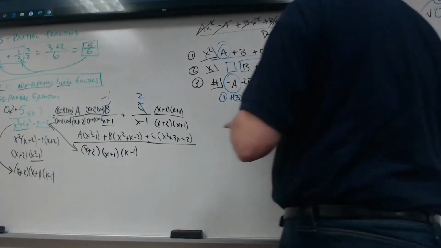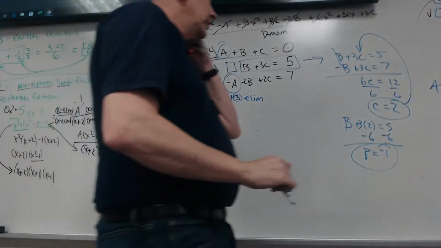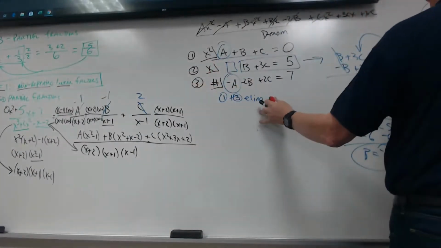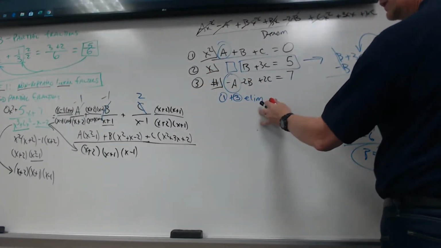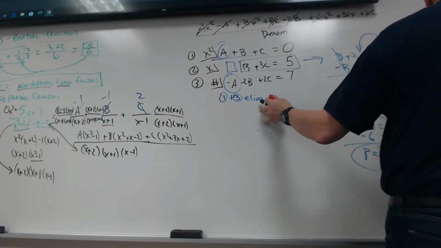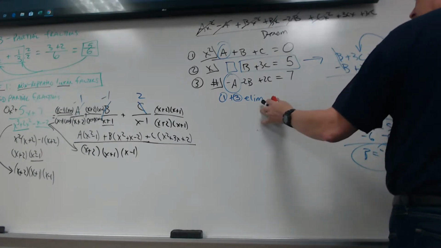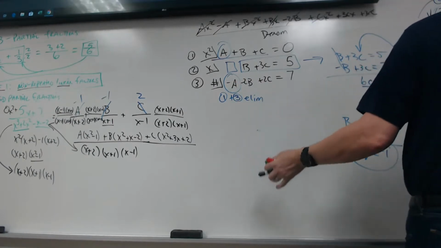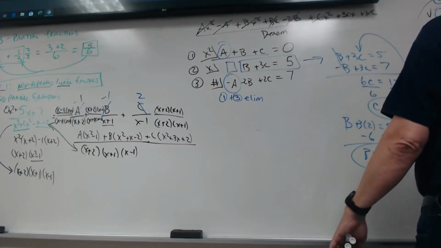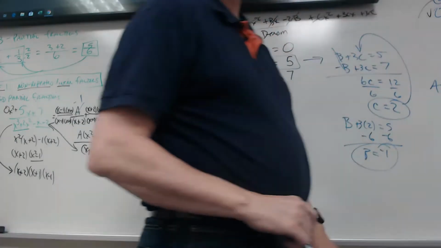Now I can cross out this. So making this more clear, my three partial fractions are negative 1 over x plus 2, plus negative 1 over x plus 1, plus 2 over x minus 1. So there you have it.